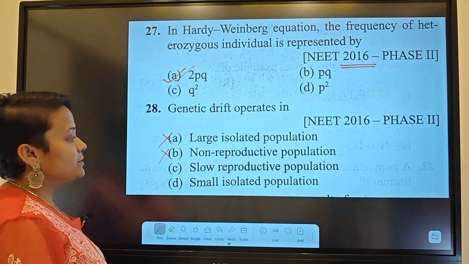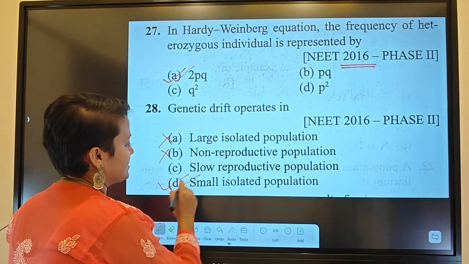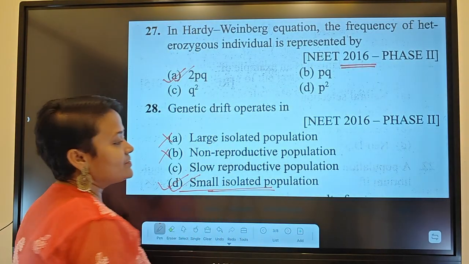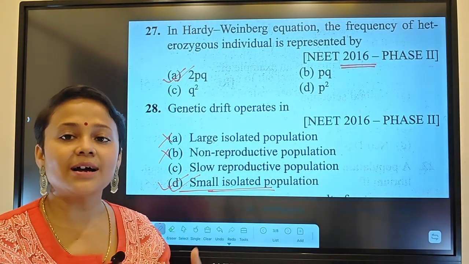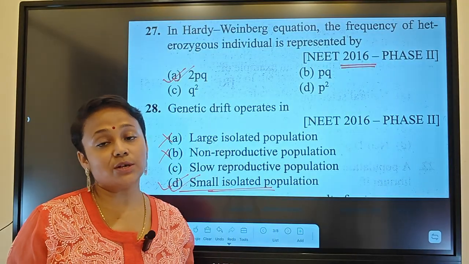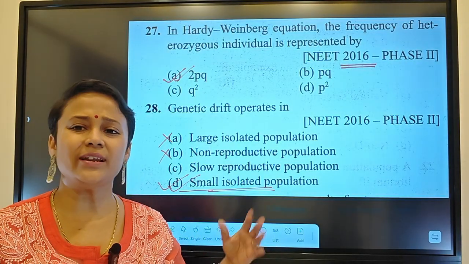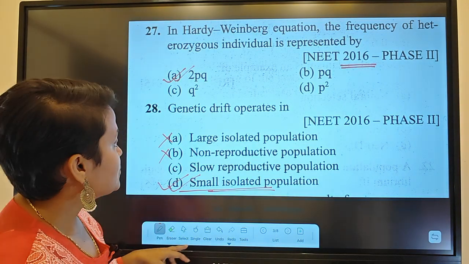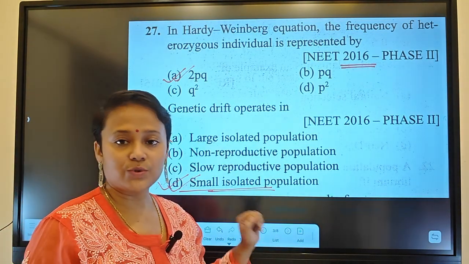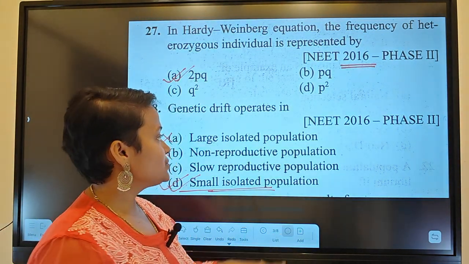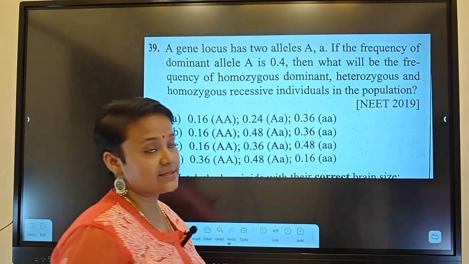So the answer will be small isolated population. When the population is small, there is a high chance of changes of genetic frequency. It can be by genetic drift or any other method, right? So the answer will be small isolated population. So it came in NEET 2016.